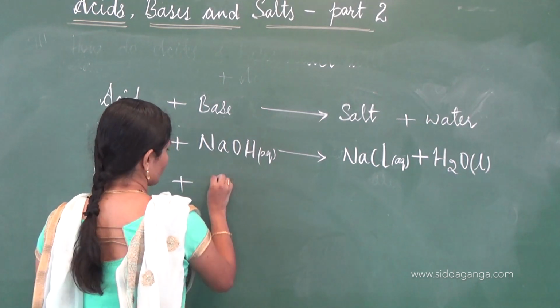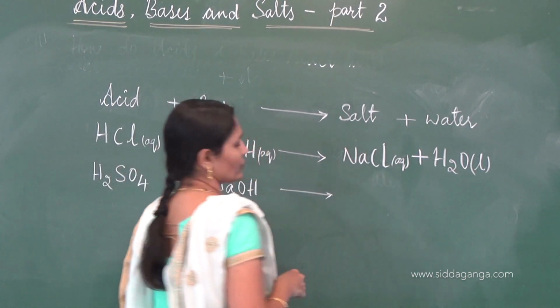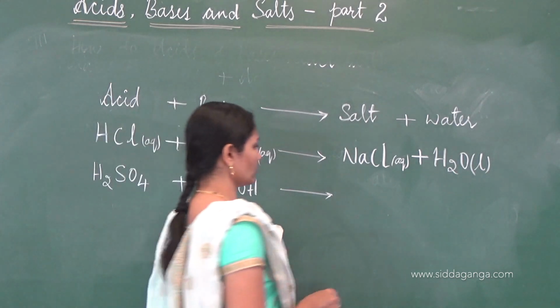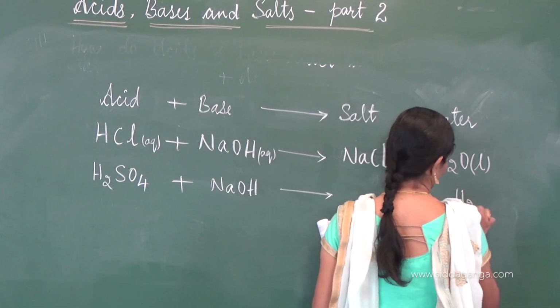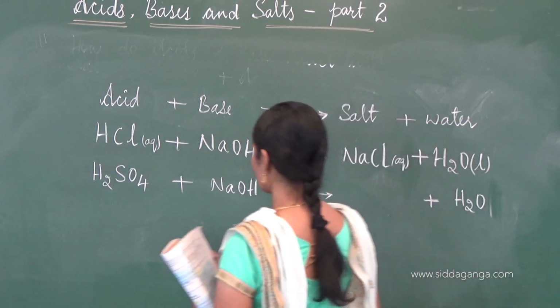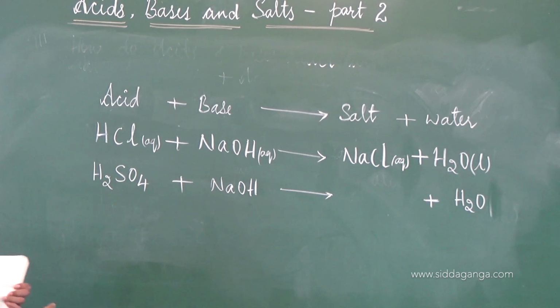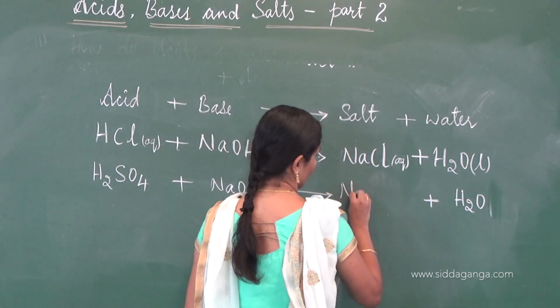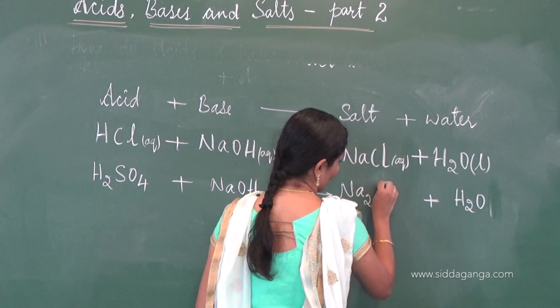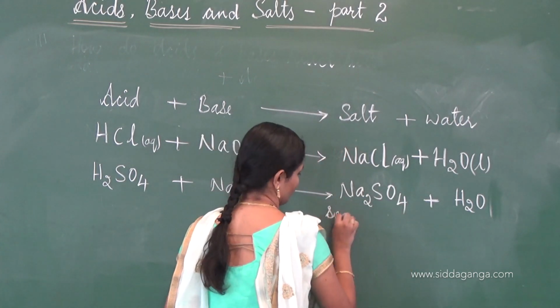Upon reacting with sodium hydroxide, what salt does it give? Could you guess the salt we obtain here? It's obvious that we obtain water, and we need to guess the salt. H2O, and after this the salt obtained is sodium sulfate, Na2SO4, sodium sulfate.